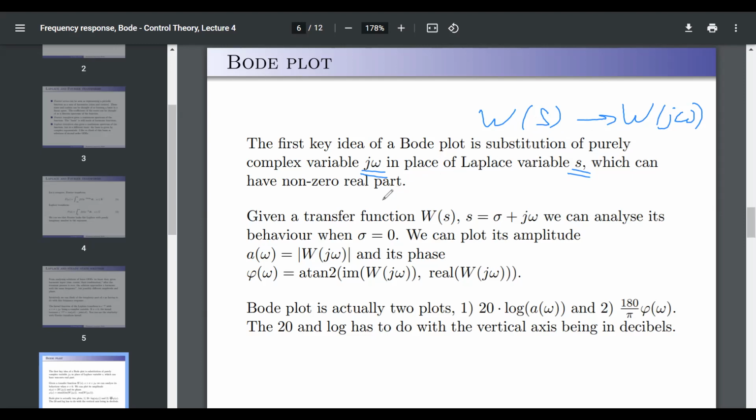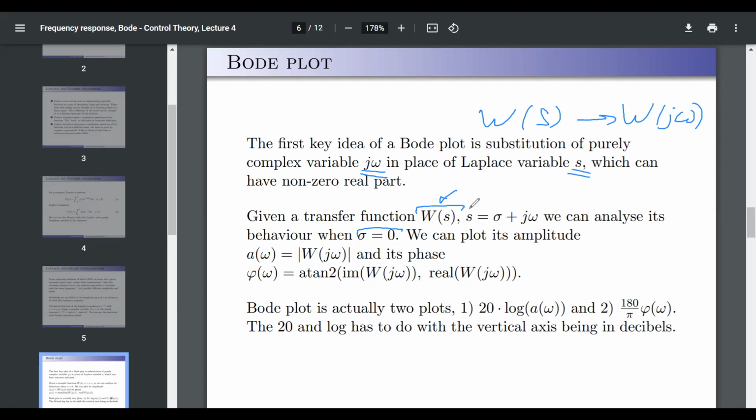Okay, good. Now, given a transfer function, we analyze its behavior when this is equal to 0. How do we analyze it? Well, we can plot its amplitude. Remember, this is just a scalar.